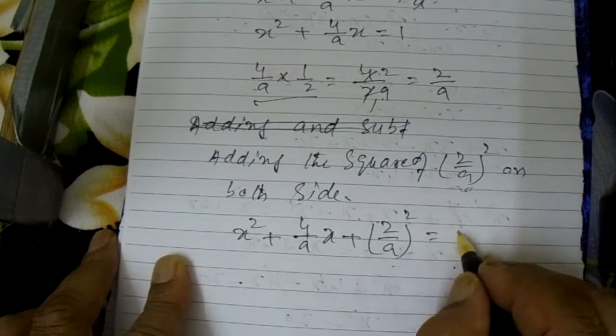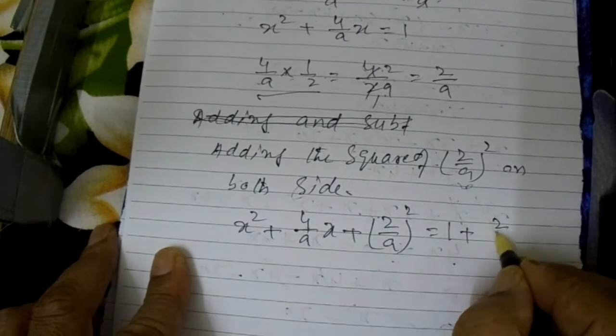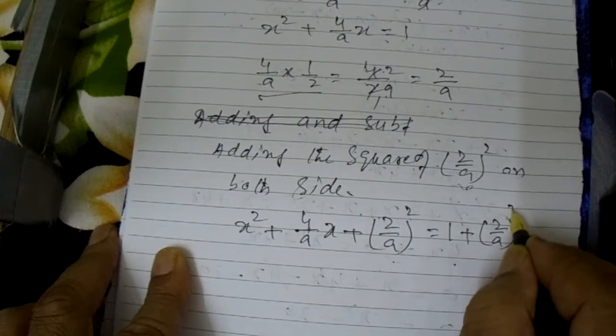On the right side we have only 1 plus 2 over a whole square.